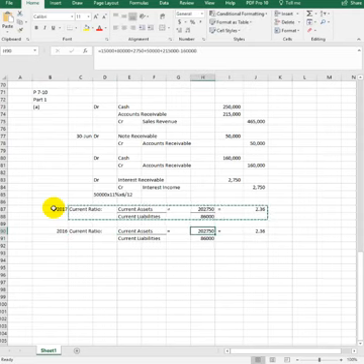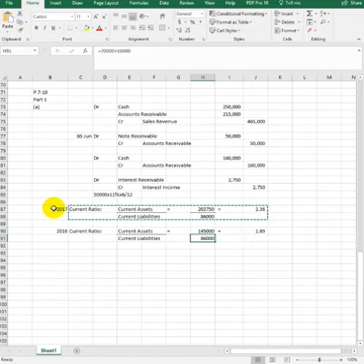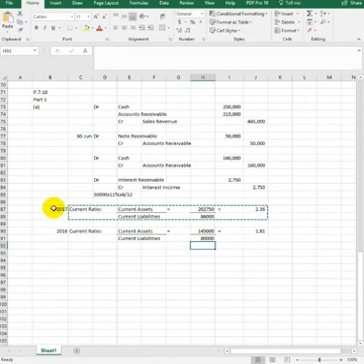So the cash is 20,000, plus we have accounts receivable of 40,000, plus we have inventory of 85,000, and that is over accounts payable of 65,000 plus 15,000 for accrued liabilities. So that works out to 1.81. Yeah, that's the same as they had.